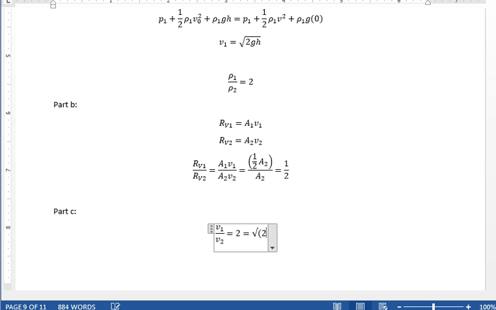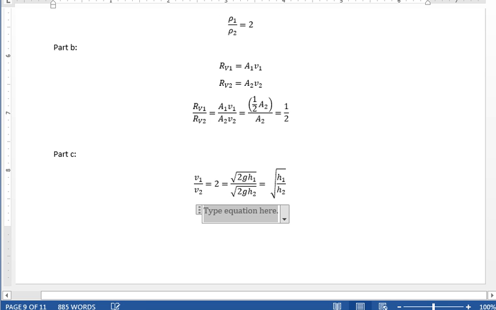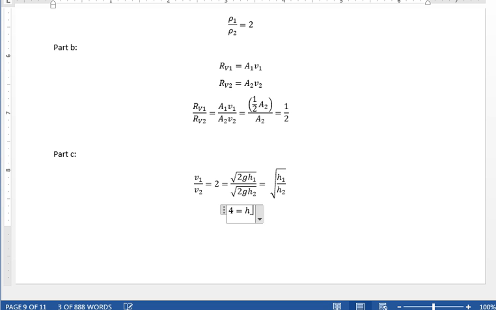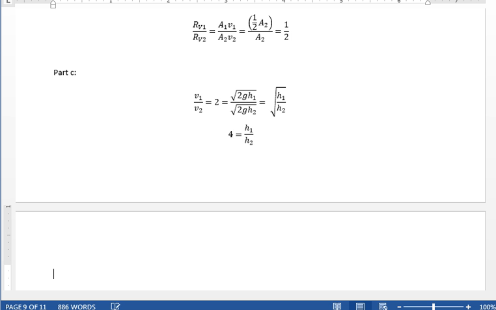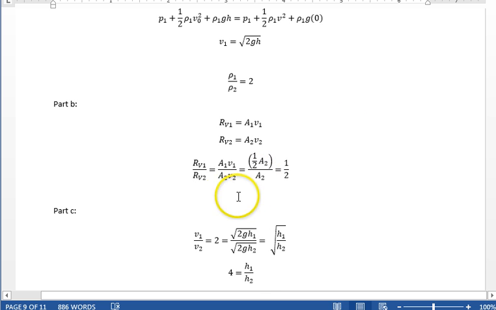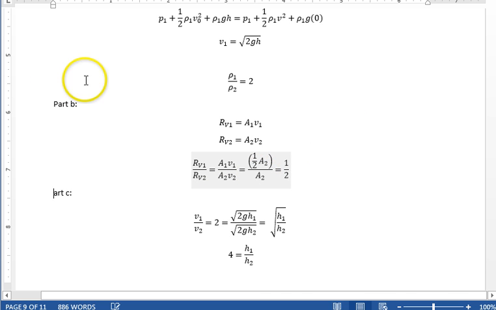to be equal to 2. So the square root of 2gH1, divided by the square root of 2gH2. We want that to be 2. So everything cancels out except for H1 over H2. I'm going to square things so that we have 4 equals H1 over H2. We know that H1 is 12 centimeters.